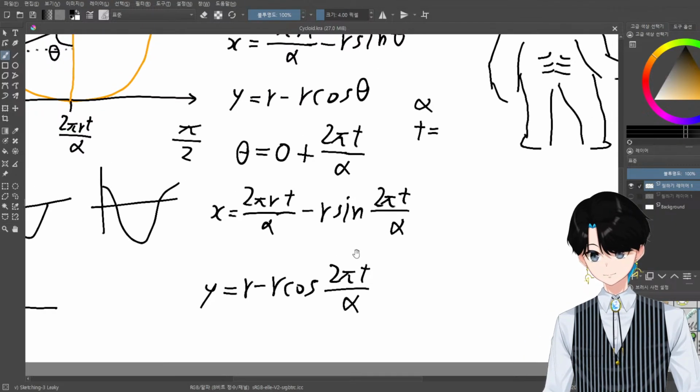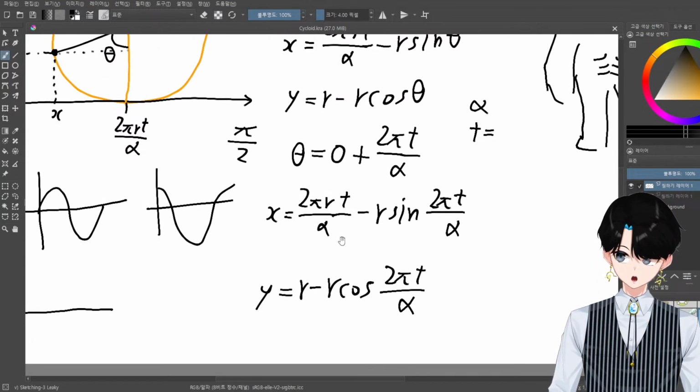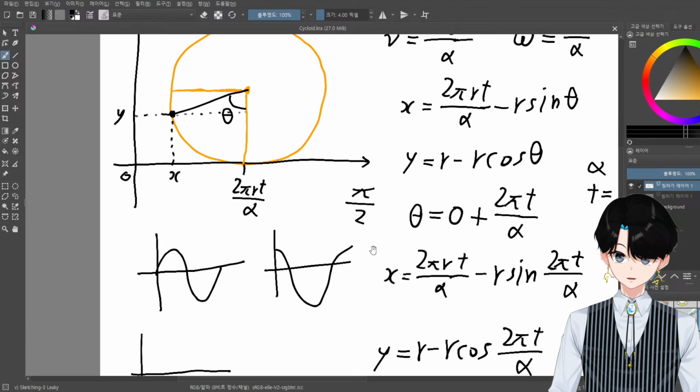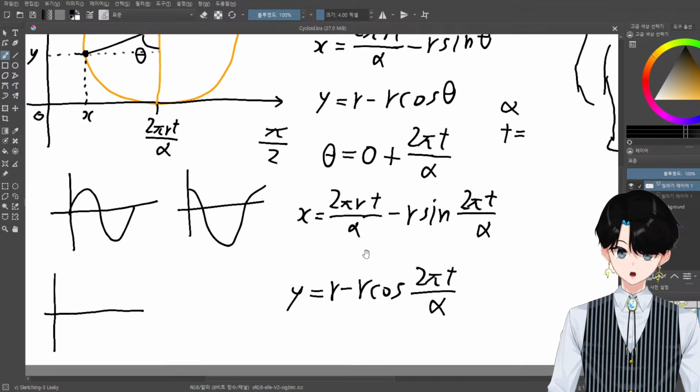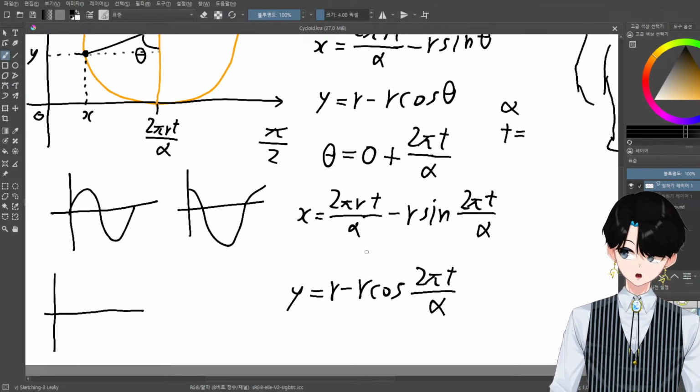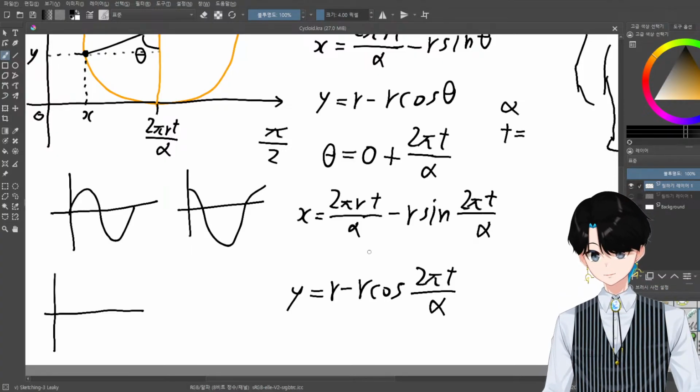What if the alpha is like 100 seconds? R would be constant. And we can think of several circles with varying radius length.